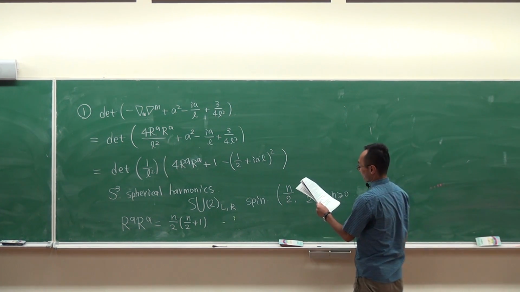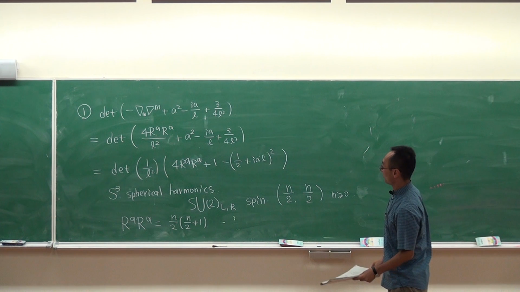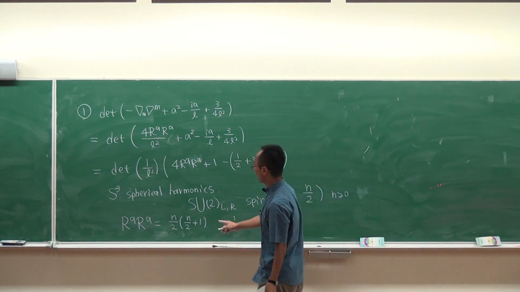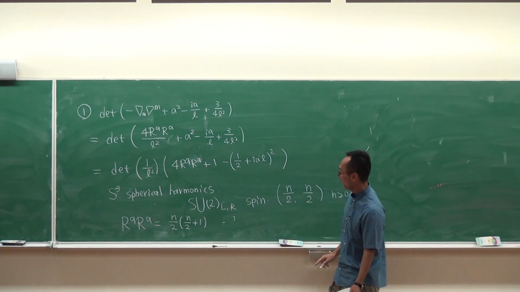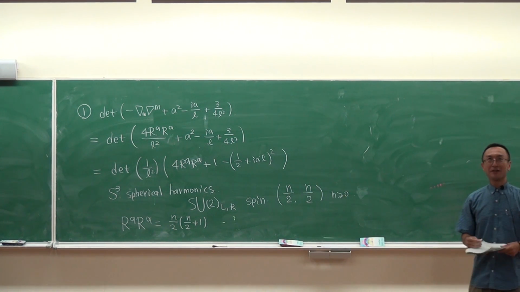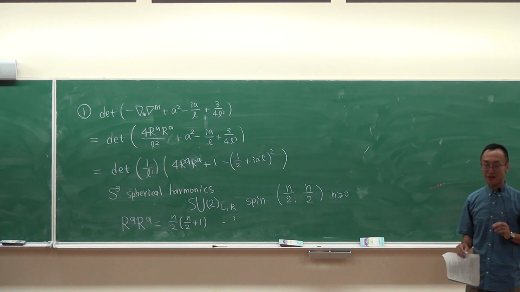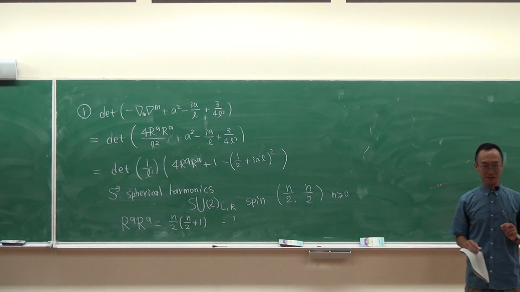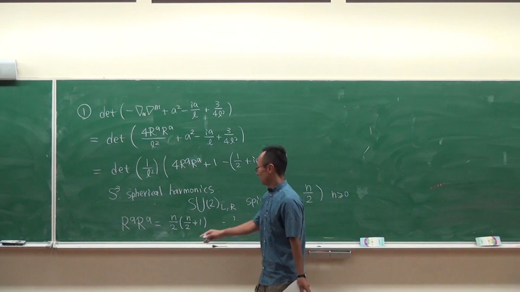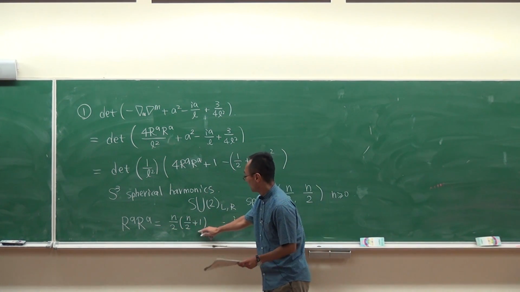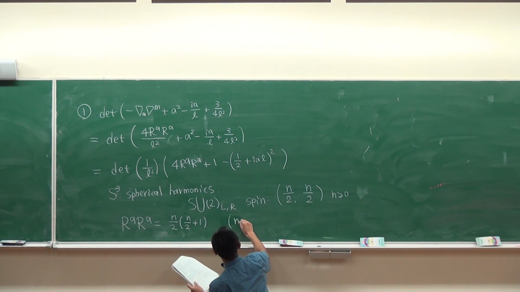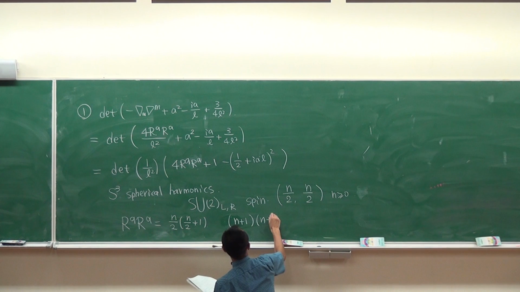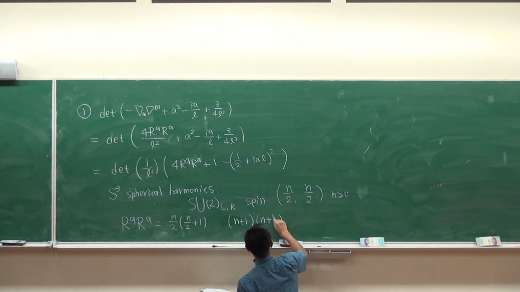Let's do this one. Before doing so, there are eigenfunctions with this eigenvalue. And how many of such eigenfunctions? Well, in the spin J representation, there are 2J plus 1 states, right? So for the eigenfunctions of this eigenvalue, there are (n plus 1) times (n plus 1) eigenfunctions. So this is the multiplicity.